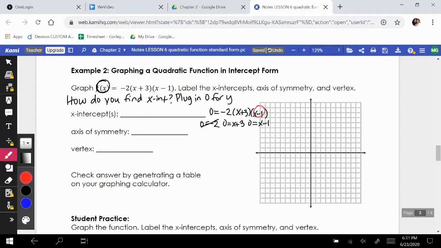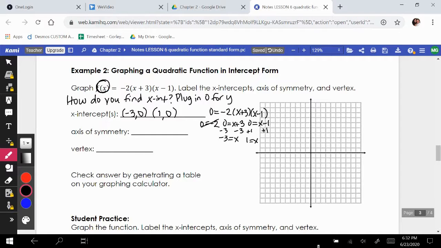Again, because if this was 0, 0 times anything would just be 0. Right, solving for x, here I would subtract 3 on both sides. So we get -3 is equal to x. And here I would add 1 on both sides, so I get that 1 is equal to x. So I get that the x-intercepts are -3, 0, and 1, 0.